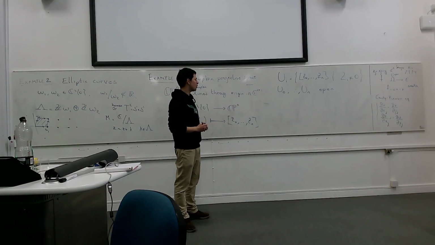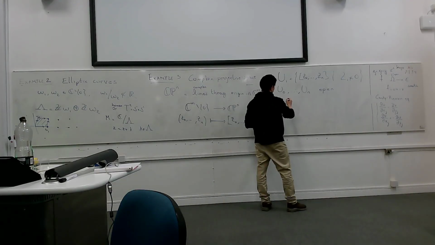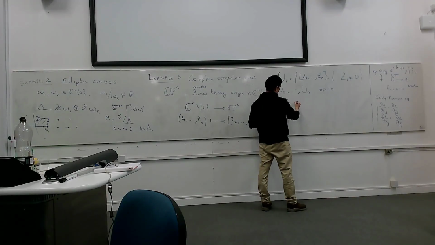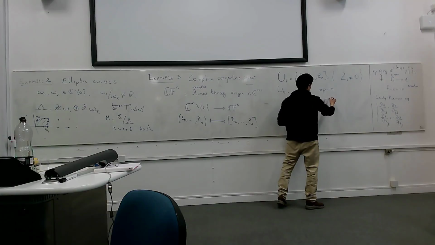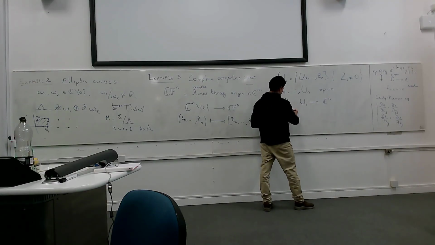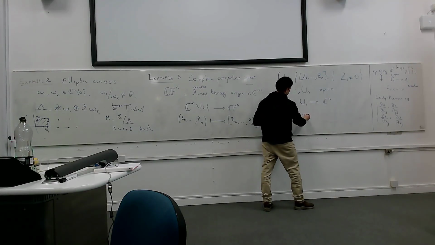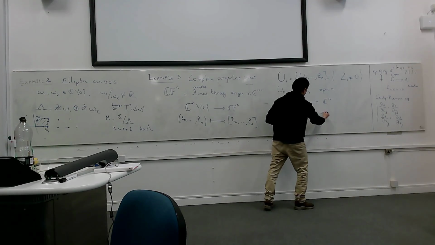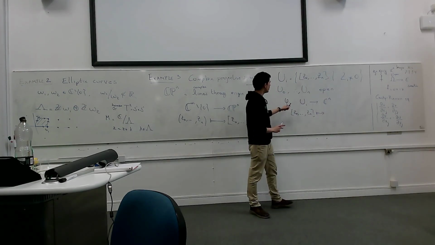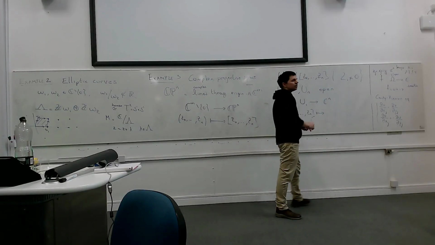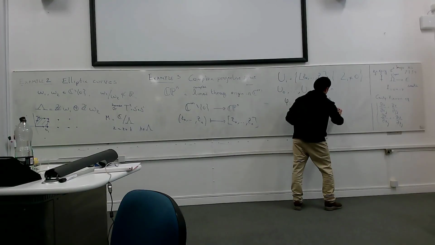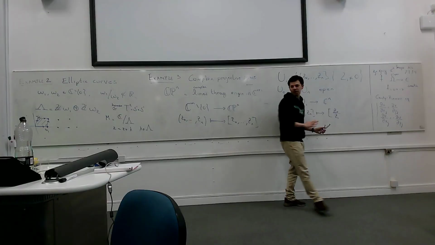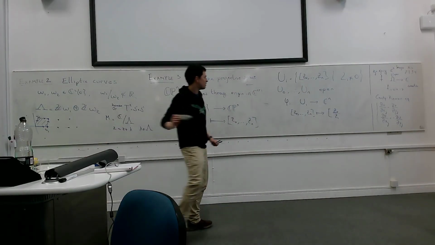And then we can define charts. phi_i goes from the set U_i to C^n. It takes the point [Z_0 : ... : Z_n] and, since we know that the i-th coordinate is non-zero, we can divide by it. So we send it to (Z_0/Z_i, ...), dividing by Z_i. Oh, sorry, here it is not a bracket, it's just a normal point.